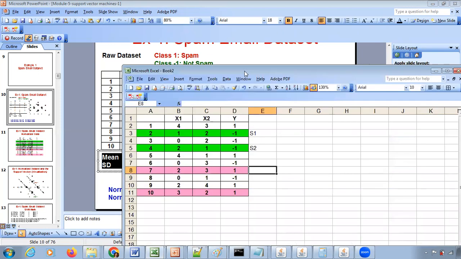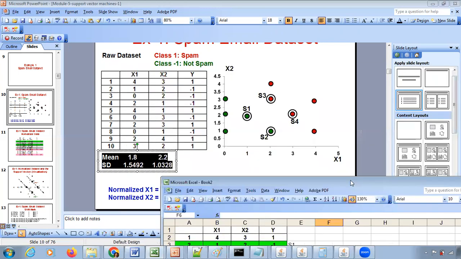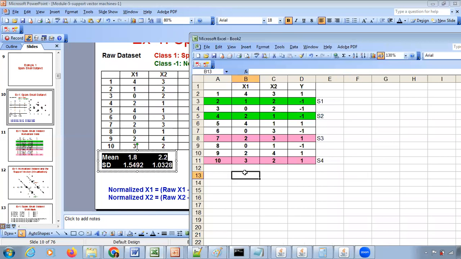It's up to us how we want to label them. You can label them the other way around, with these two red data points as support vectors S1, S2 and the two green as S3, S4. That's fine. As long as we keep track of the support vectors, that's good enough. So the first thing we need to do is find the mean and standard deviation for the features across the two classes.